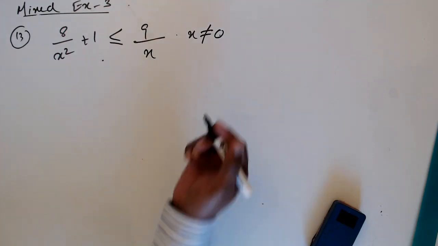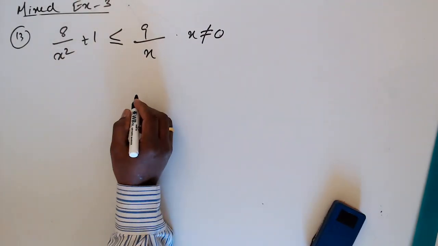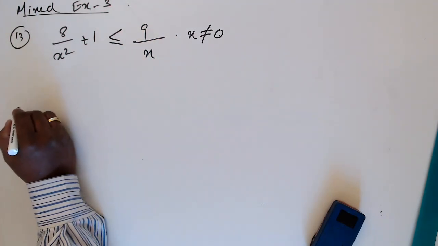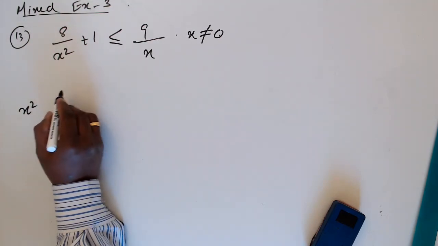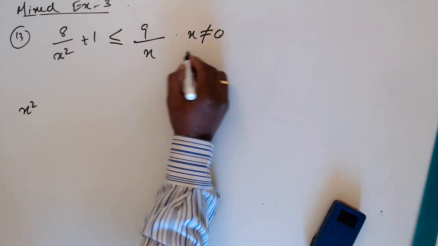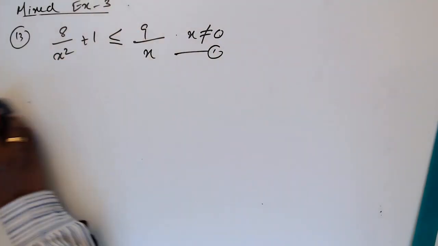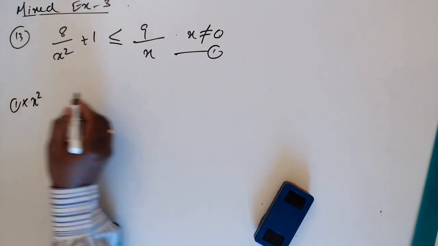Question 13. We multiply by x square. One multiplied by x square.